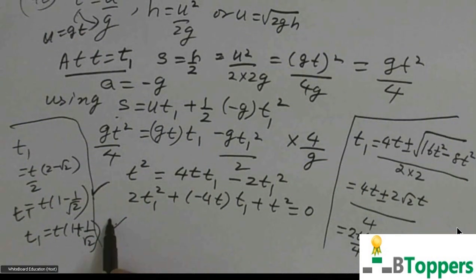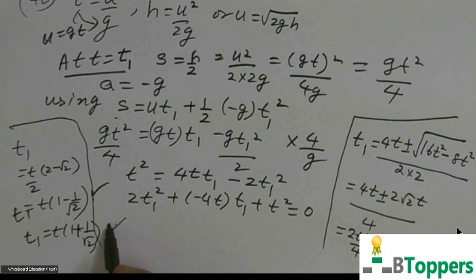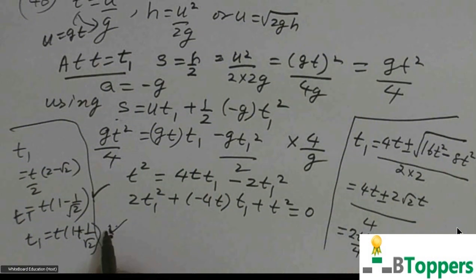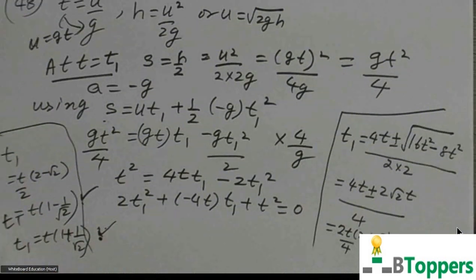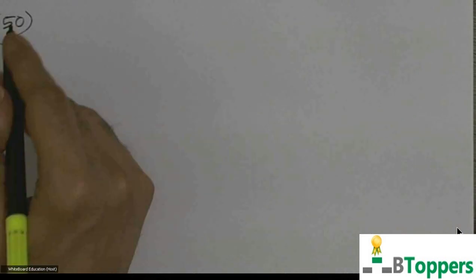The other value of T1, the second root of the equation, gives you the time after projection at which it is at half of the maximum height during descent or downward motion. Or otherwise, you can also do the problem by another way.